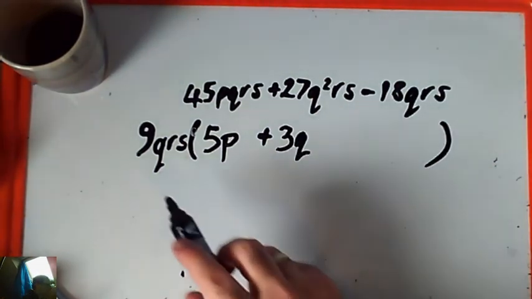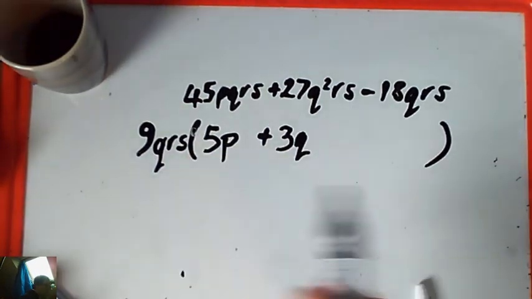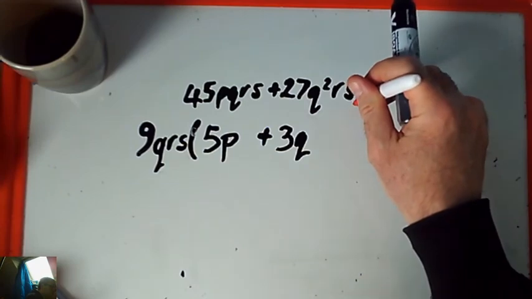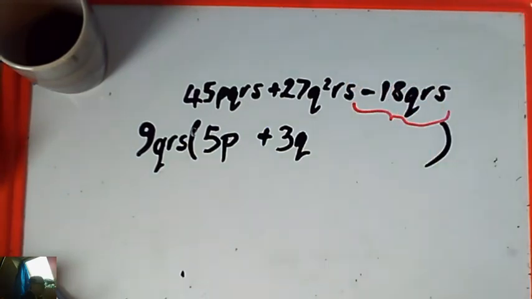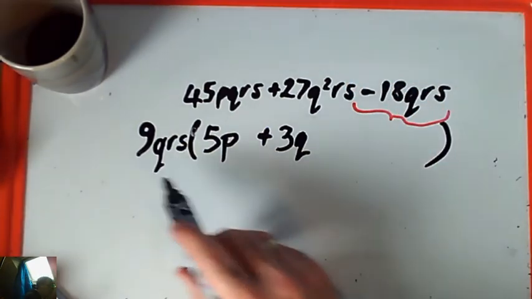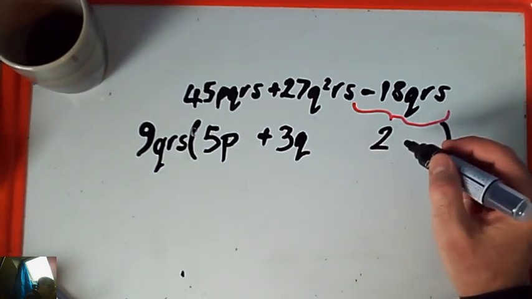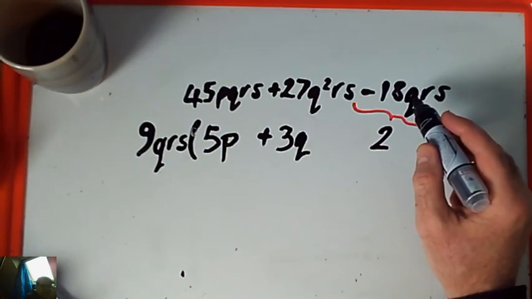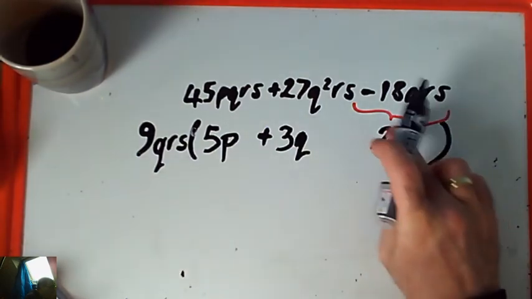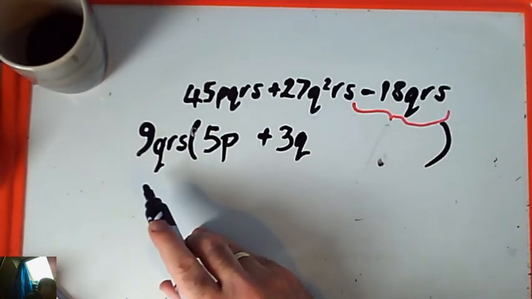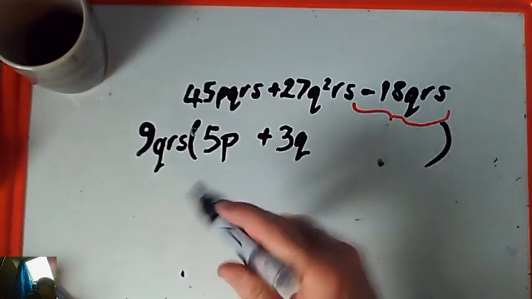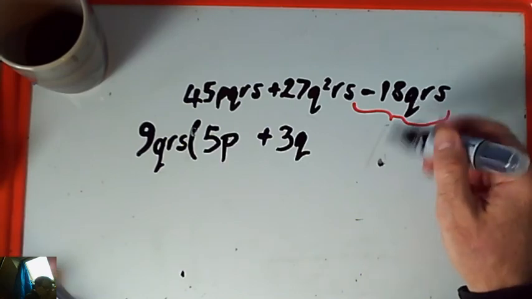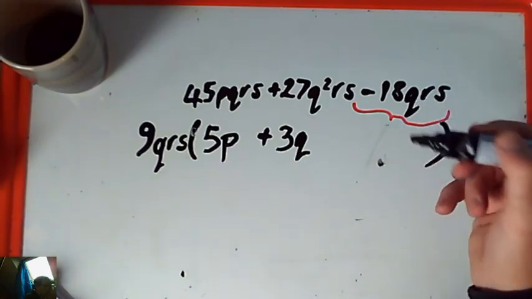Okay, the last one, 9qrs outside the brackets times what inside the brackets will give me, remember that's a minus, minus 18qrs. Sorry, I think I didn't say that before. Let's do that again. 9qrs times what inside the bracket will give me minus 18qrs.